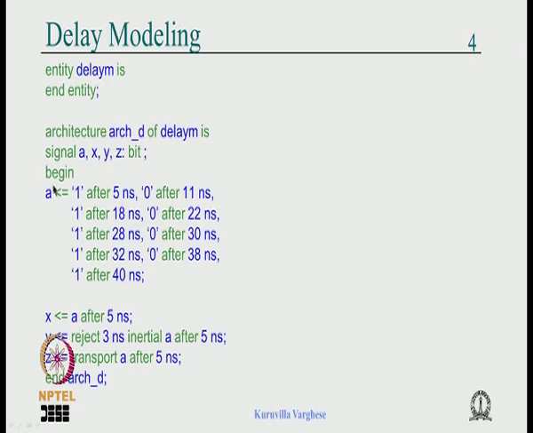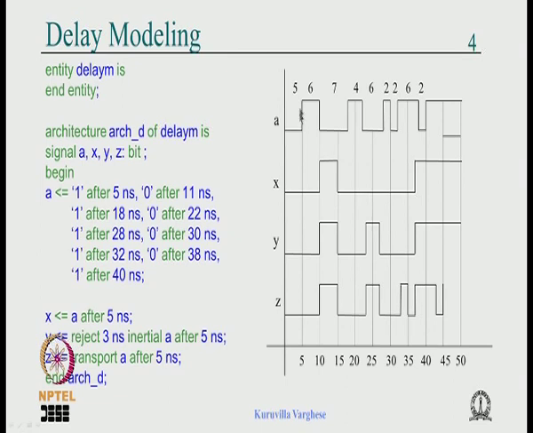We form a signal A with some pulses, and that is what is shown here, and X is A after 5 nanoseconds. So it has a minimum pulse width of 5 nanoseconds and a propagation delay of 5 nanoseconds, and you get a delayed version of this with all the pulses less than 5 removed.